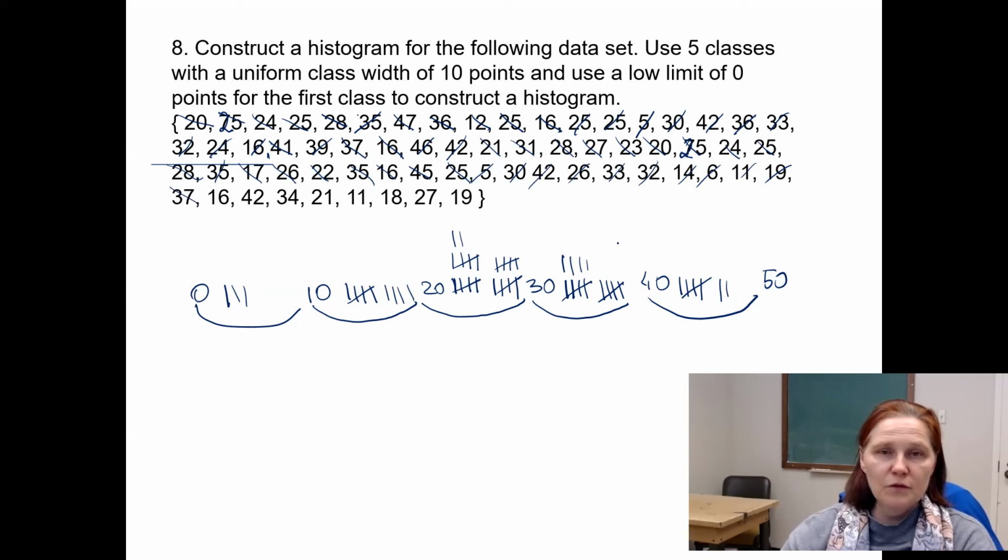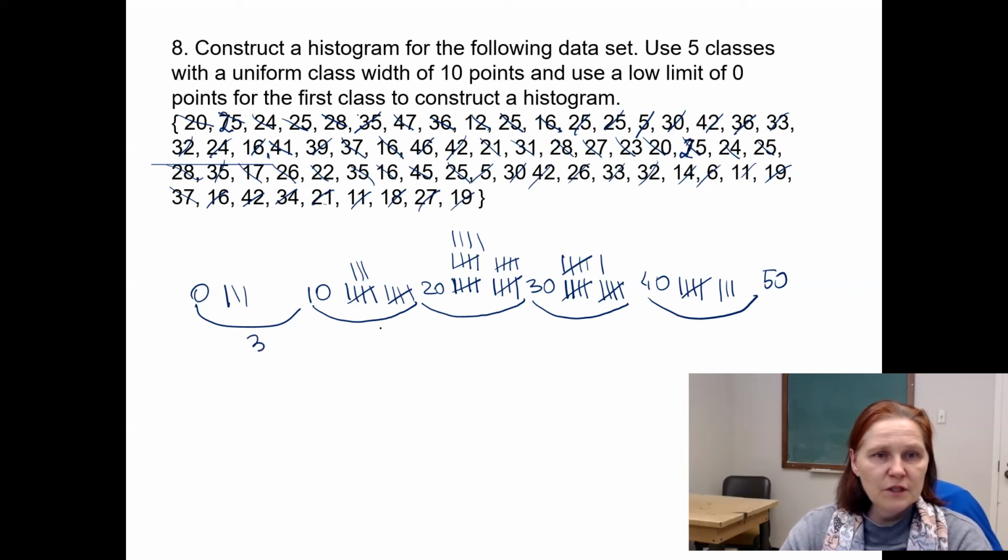If we have 37, it goes to the class starting with 30, 16 to the class starting with 10, 42 goes to 40, and so on. And then we count how many numbers we have in every class.